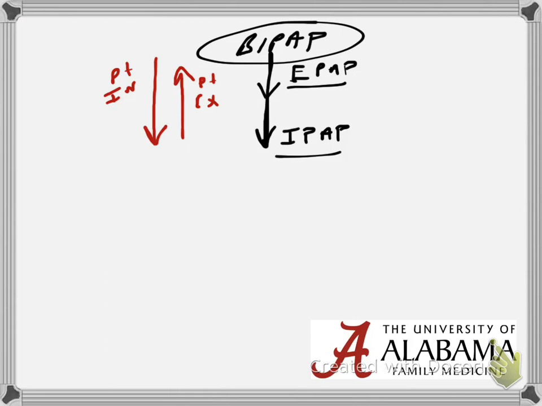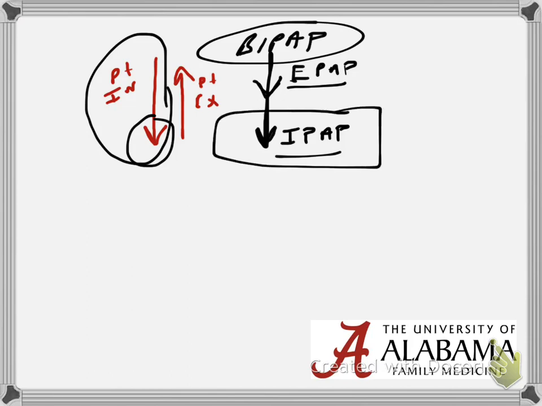As it blows the pressures in, the patient is also inhaling and exhaling. As the patient inhales into the lungs, they're getting that IPAP. As they inhale, they're going to get the full pressure of the IPAP that you're setting. And as the patient exhales, they are breathing against an EPAP pressure. They're breathing against this pressure that is constantly blowing, even if the patient is exhaling.